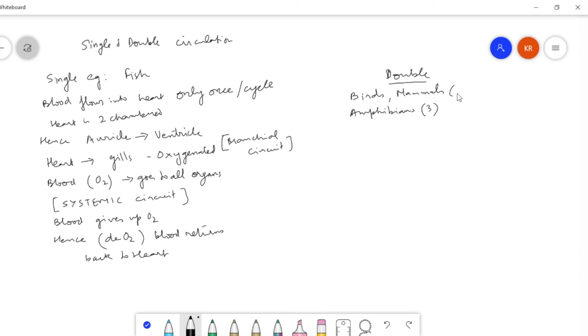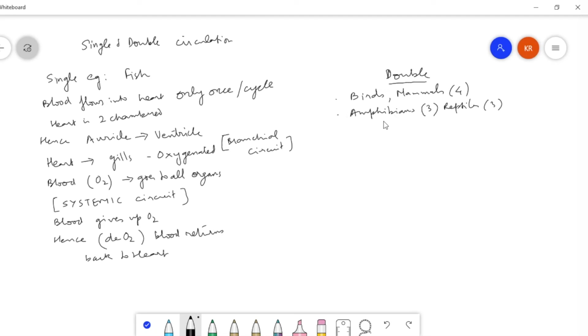In birds and mammals, there are 4 chambers. Similarly, in reptiles, there are 3 chambers. So in this case, it's not very perfect. In this case, it is perfect.